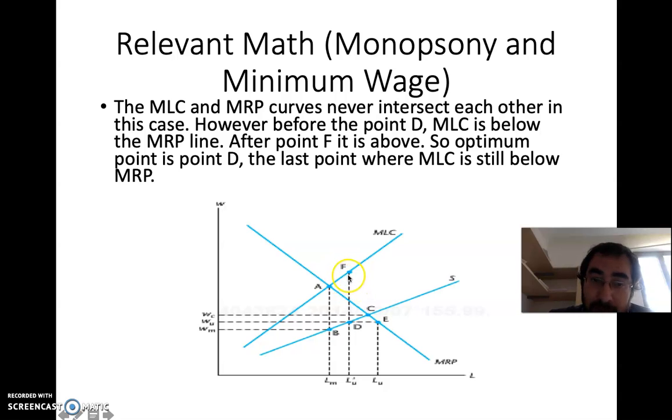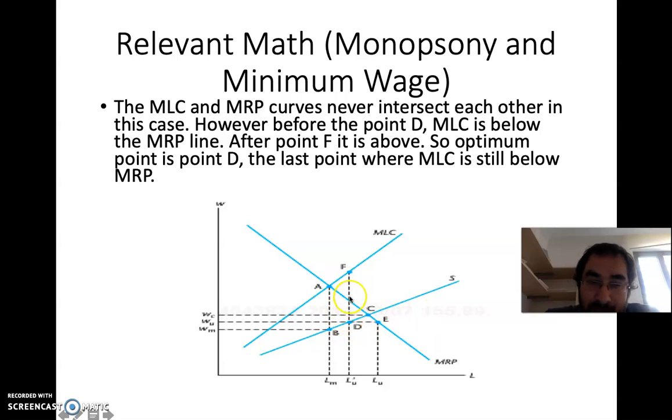So your marginal labor cost jumps to F. The marginal labor cost starts as a horizontal line at WU, then jumps at point D to F and continues along the marginal labor cost line after point F. This means your marginal labor cost curve will intersect the marginal revenue product curve at LU. At LU, the marginal product of your worker, which is the marginal revenue the workers bring, is higher than the wage WU, the minimum wage.